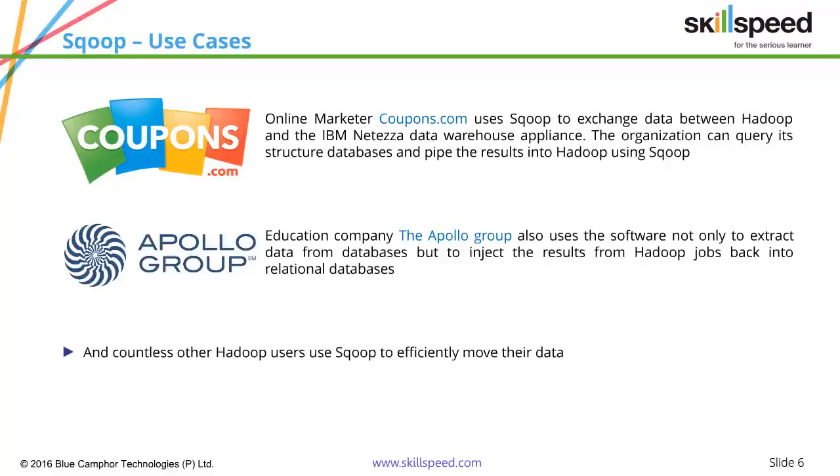In that case, if you are doing some analysis inside Hadoop and you get a final result in a structured format, that has to be present inside the RDBMS. So Sqoop very well allows you to get this from the Hadoop ecosystem back to RDBMS as well.